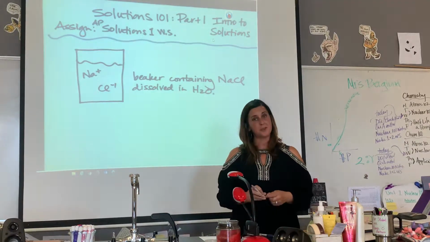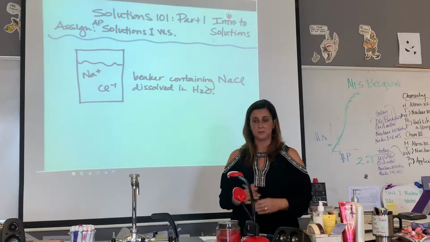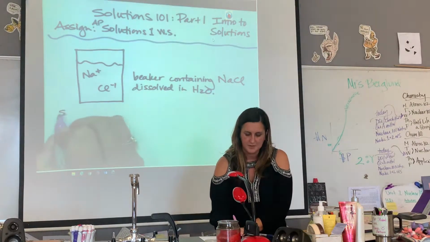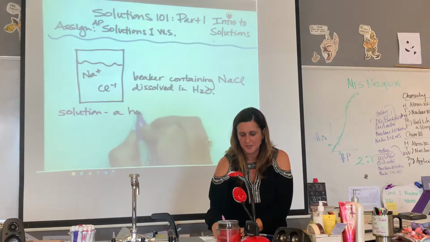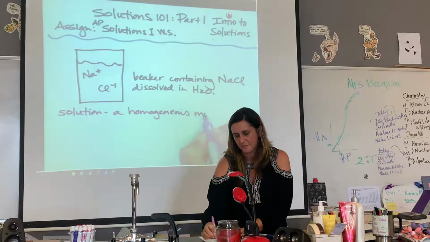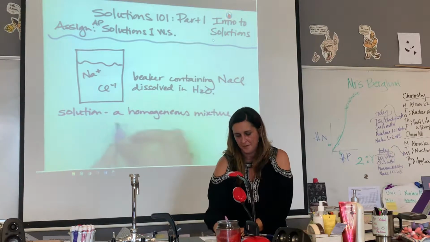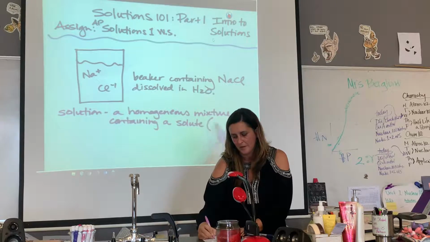So the mixture of the sodium chloride and the water we would call a solution. So just a really general definition for a solution is a homogeneous mixture containing a solute, which is the substance that gets dissolved.